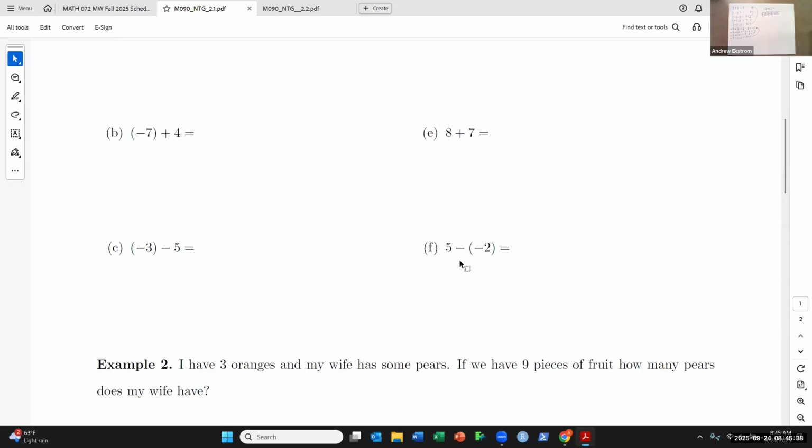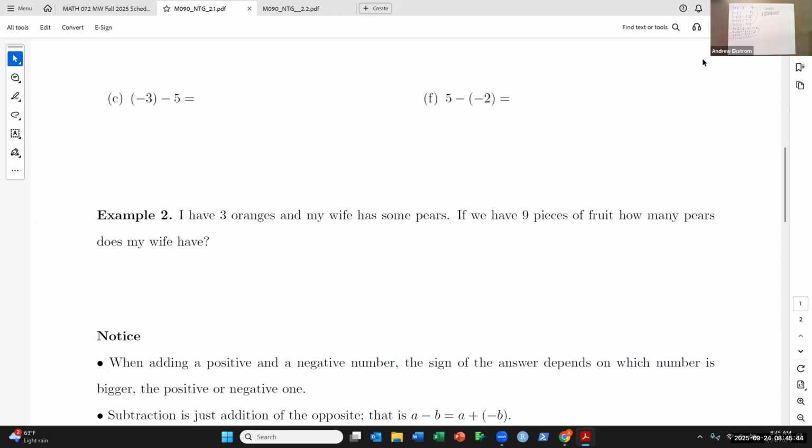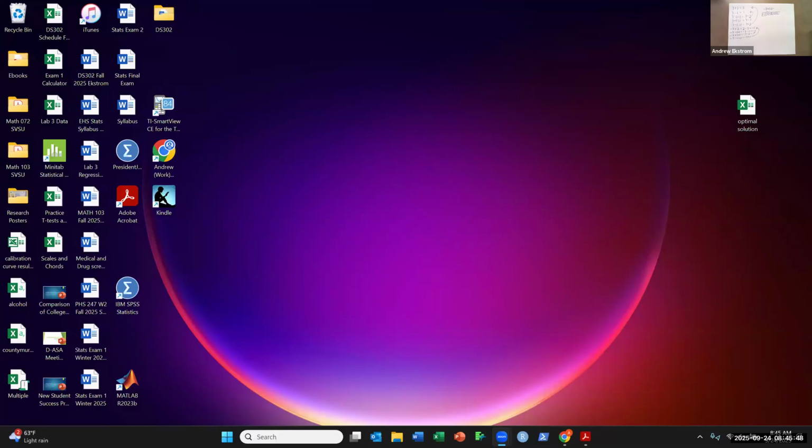So if we look at something like 5 minus a negative 2, we'll do a different problem than that. So if we say 4 minus a negative 2, and we've got our number line. So let's say right here is a 0. Right here is a 4.